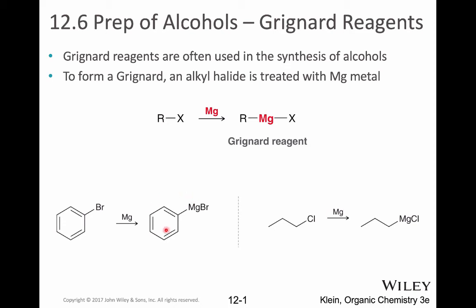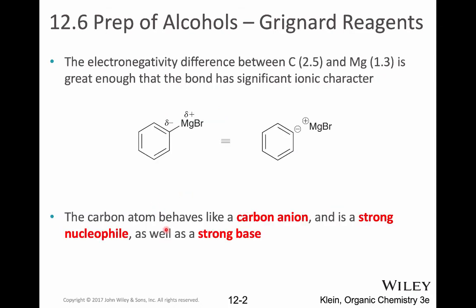The reason the Grignard reagent is interesting is because when you look at the electronegativities of the atoms between the carbon and the metal, the electronegativity of metals versus nonmetals is usually lower, which is what we see up here. So the electronegativity of carbon is 2.5, the electronegativity of magnesium is 1.3.